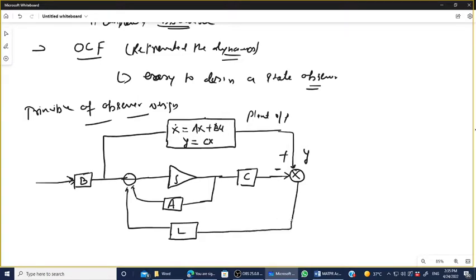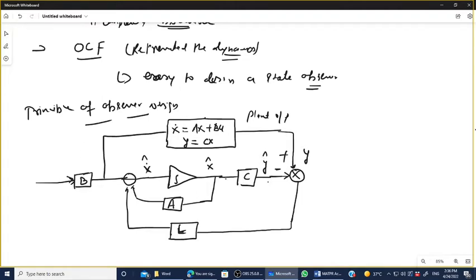Here we have to design the observer matrix, which is represented by L. So what it will give is the predicted state variable differentiation, x dot estimated. In a similar way, this is the estimated state variable. This is the output of the estimated state variable.